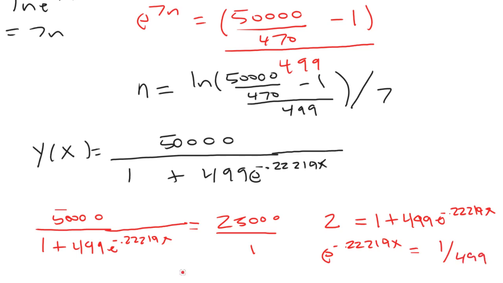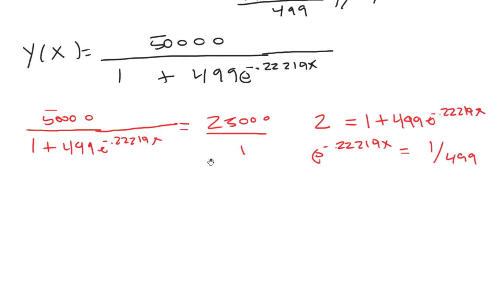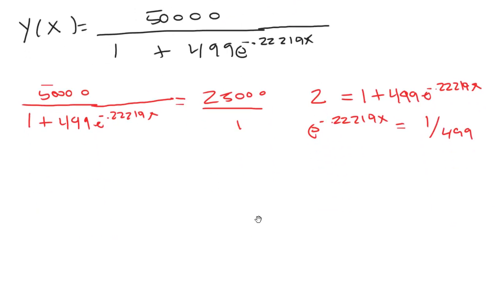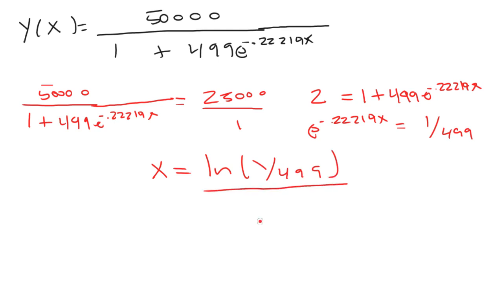Okay, so from there, you can see that all you would need to do to solve for x is just take the natural log similarly. So you have the natural log of 1 over 499, and this is all divided by negative 0.22214.